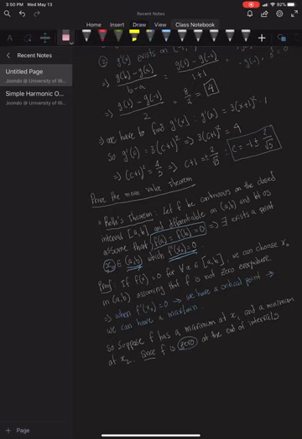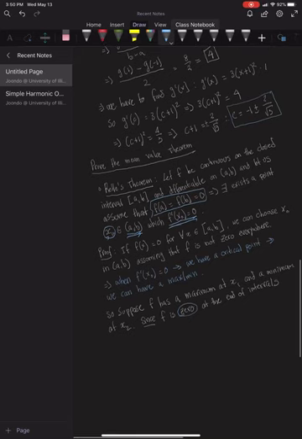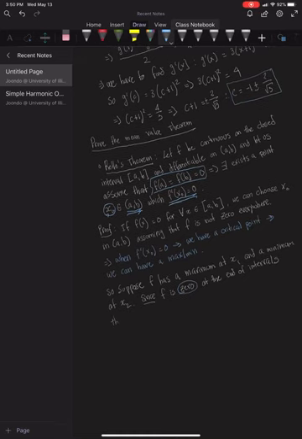Then at least x1 or x2 lies in A and B, where this allows f prime of x naught to equal 0.